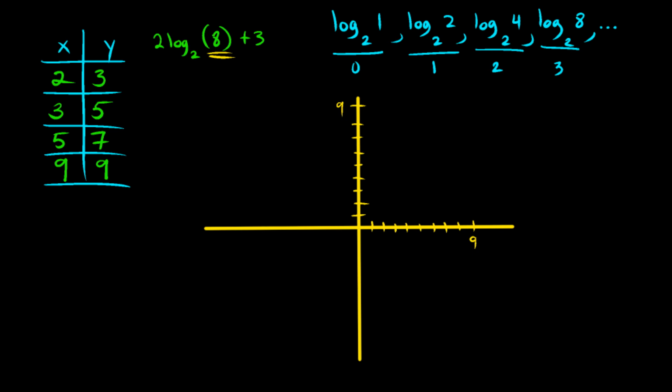Okay, so let's plot these points. 2, 3. It's right here. 3, 5. 5, 7, and 9, 9.